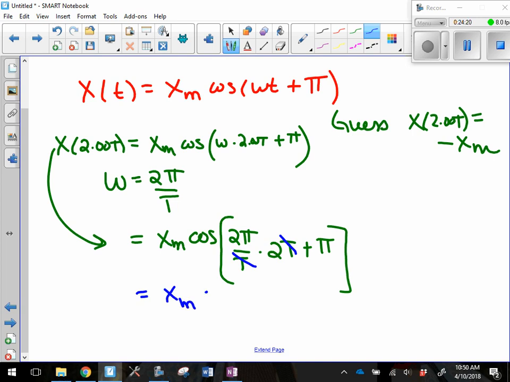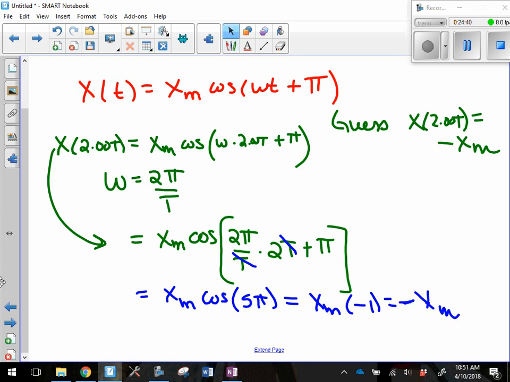And I've got xm times the cosine of what? 5 pi. And what's 5 pi equal to? I'm sorry, cosine of 5 pi, you're right. Negative 1. So I get negative xm like we predicted.